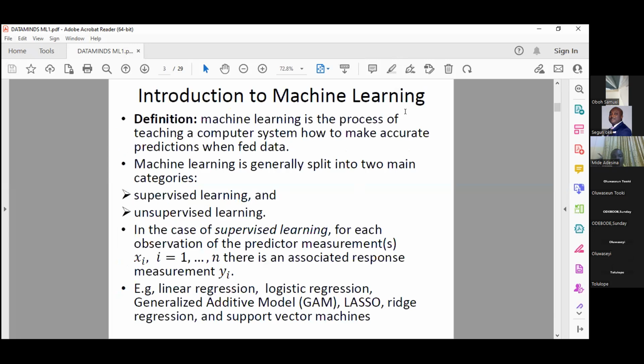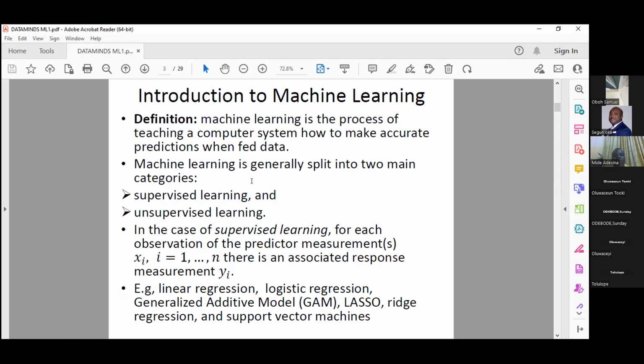So we need to talk about what machine learning is all about. It is all about teaching our computer system how to make accurate predictions when fed with data. This process is needful to ensure that our computer makes accurate predictions.